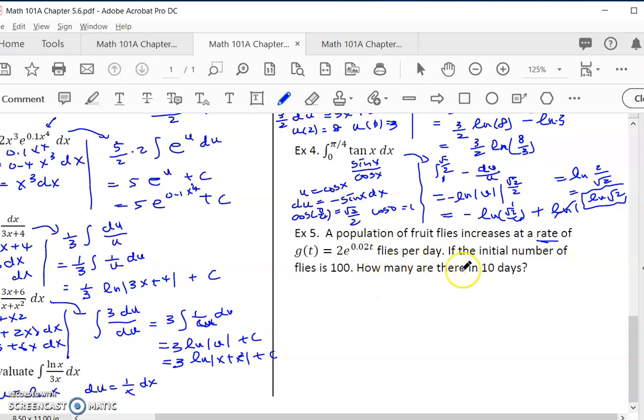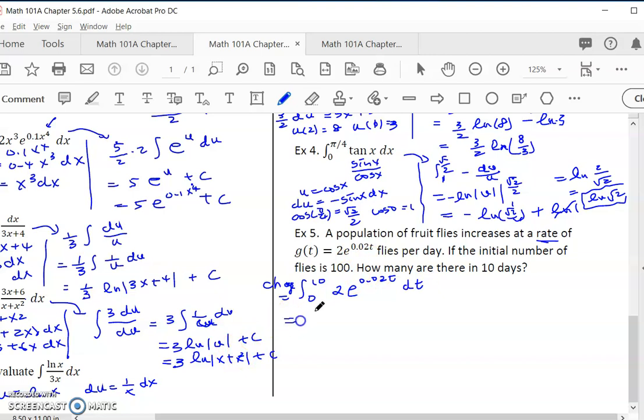And you want to know how many there are in 10 days. So let's do from 0 to 10. What is the net change? Right? The change is from 0 to 10 of the rate, which is 2 e to the 0.02t dt.